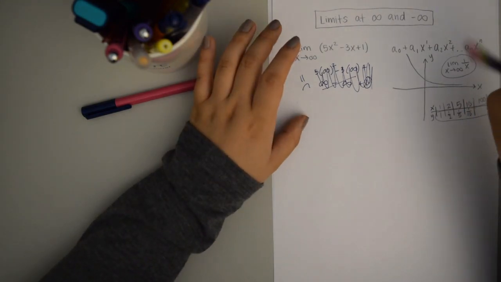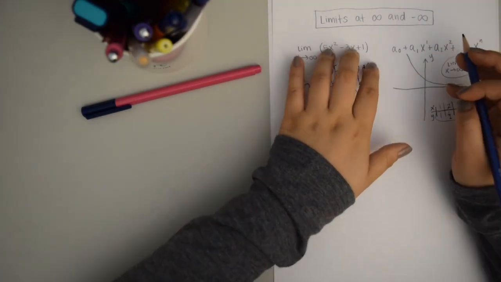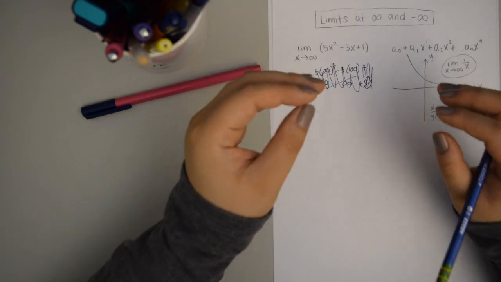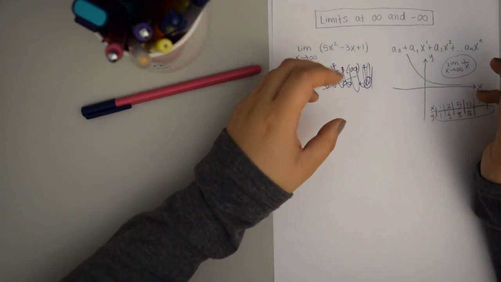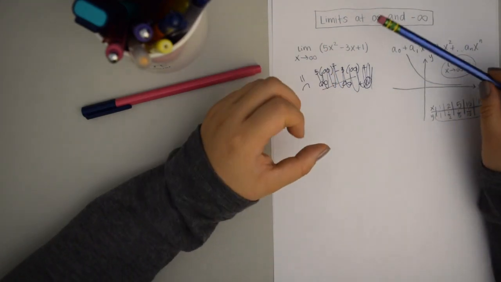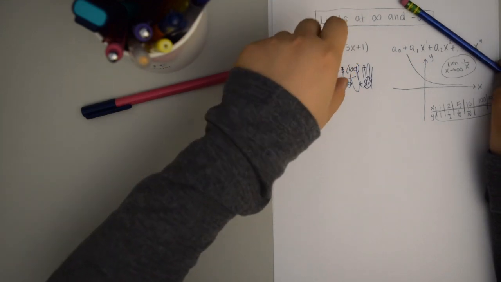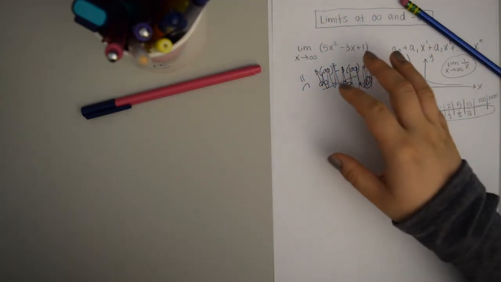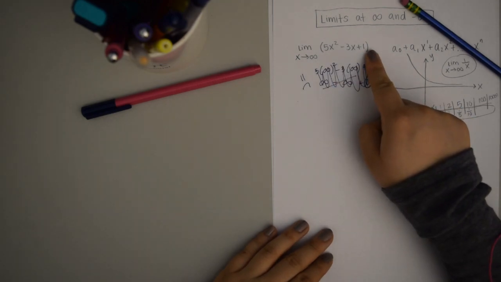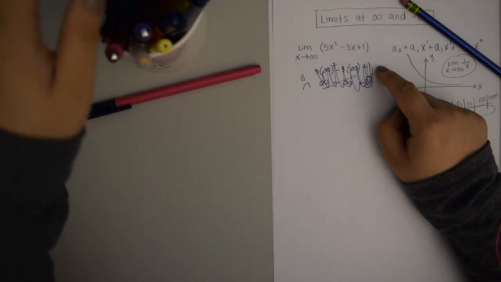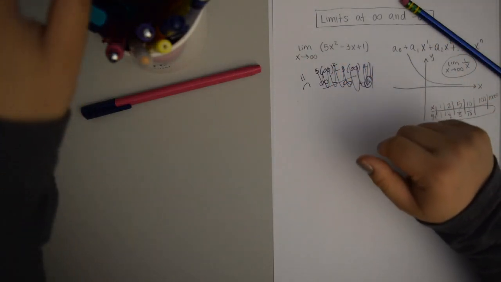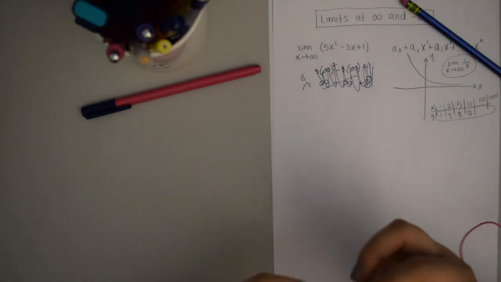So instead, what we're going to focus on is which part of this has the most weight. What matters the most? You can think of it as the rate at which it changes, or which one has the highest effect. You could make a table for some values here and see what's going on, but we can logically come up with the general rule.